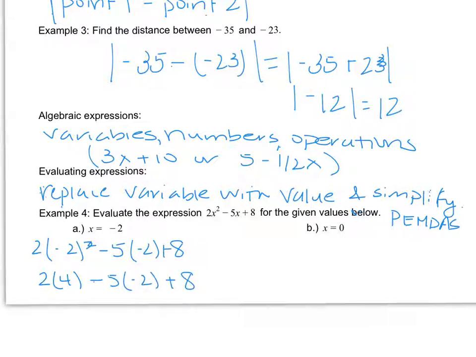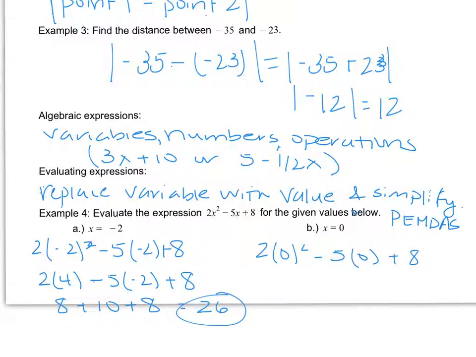Then we would multiply. This is 8 plus 10 plus 8, which is 26. And we can do the same thing with the 0. 2 times 0 squared minus 5 times 0 plus 8. 0 squared is still 0. Anything times 0 is 0. And so this simplifies simply to 8.